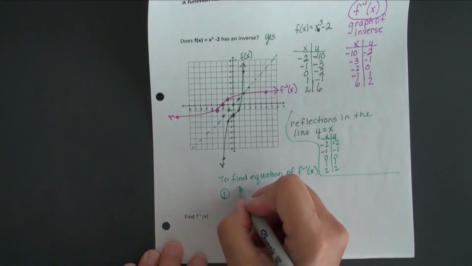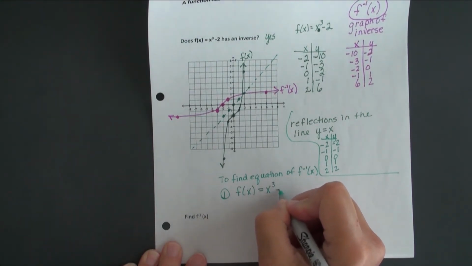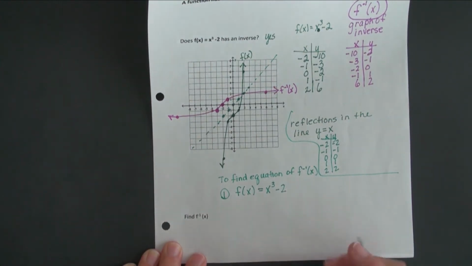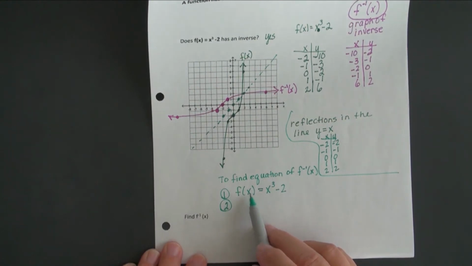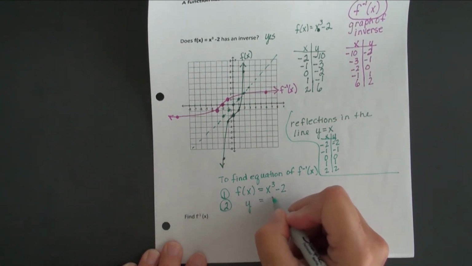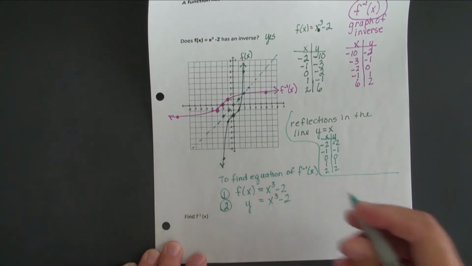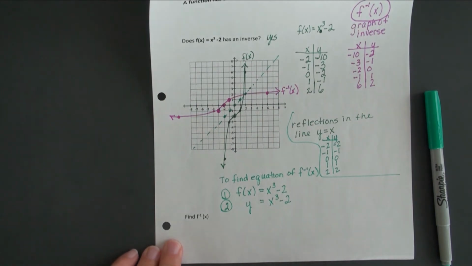Step 1, I'm going to write down my original function. Step 2, I replace f of x in my original function with y. Remember, those mean the same thing. So I'm just going to write this in terms of x and y so that we can do something with that in a minute.